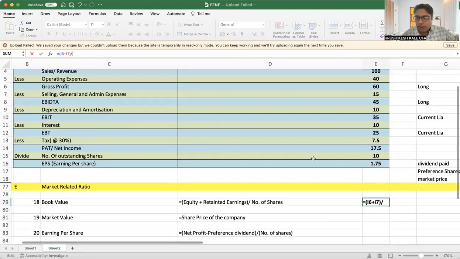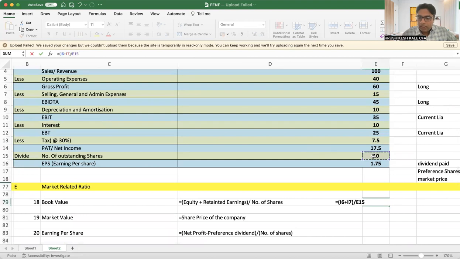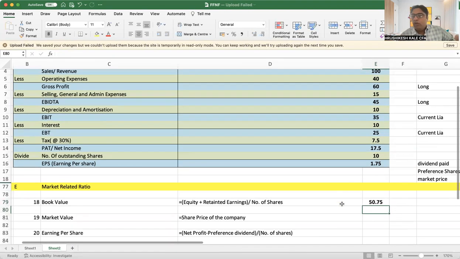Number of shares outstanding are 10. And the book value of the company is 50.75. What does this mean? This means that as per the balance sheet, each shareholder should get 50 rupees as the share price. This is as per the balance sheet.